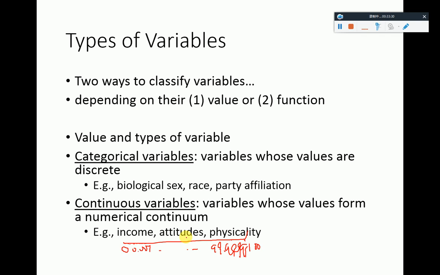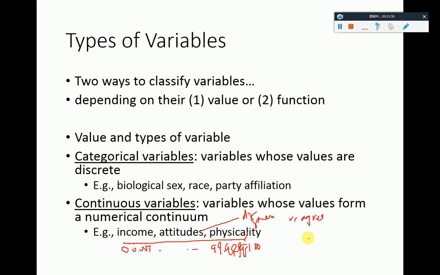Attitudes is an interesting case, because you can easily say that attitudes are actually discrete variables. You will say, well, in my conception, I think attitudes have only two values. You either disagree with an issue or you agree with an issue.